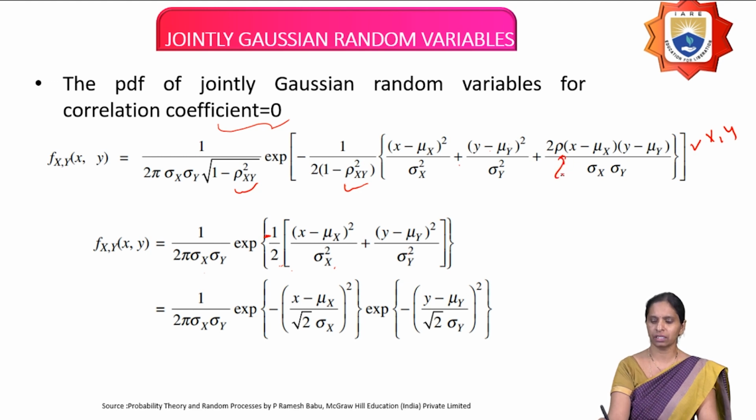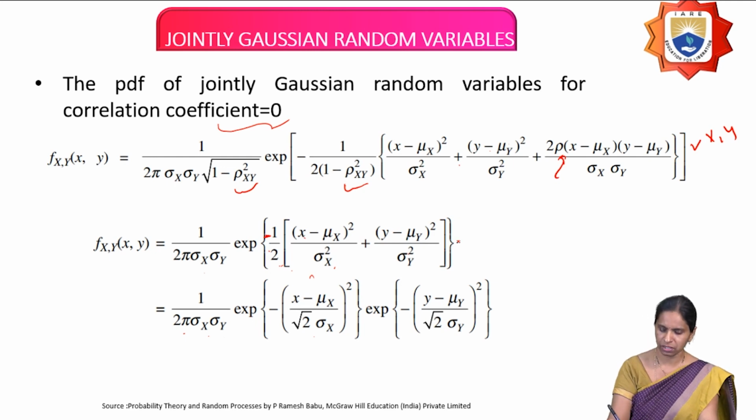You are considering that the correlation coefficient rho equals 0 for uncorrelated random variables as statistically independent random variables. Then how can you write this function? 1 by 2 pi sigma x sigma y into e power minus of x minus x bar square by 2 sigma x square.